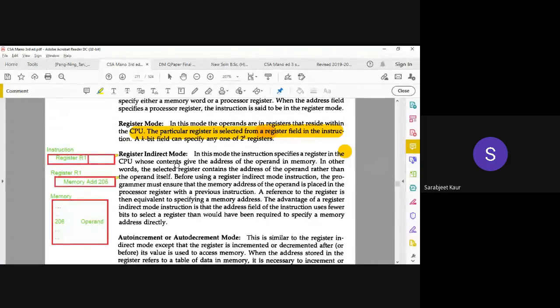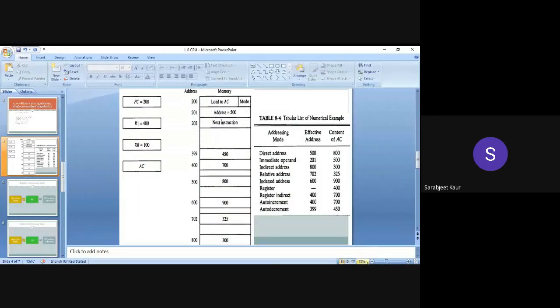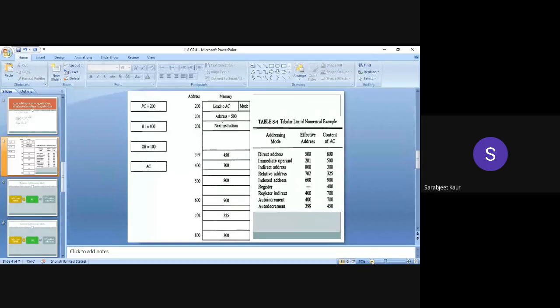Now let us make our discussion concrete by looking at some examples. Let this be a snapshot of the main memory that we are talking about. And these are the values of some registers which are given to me.